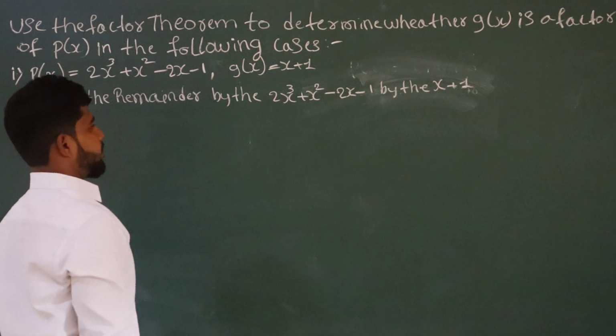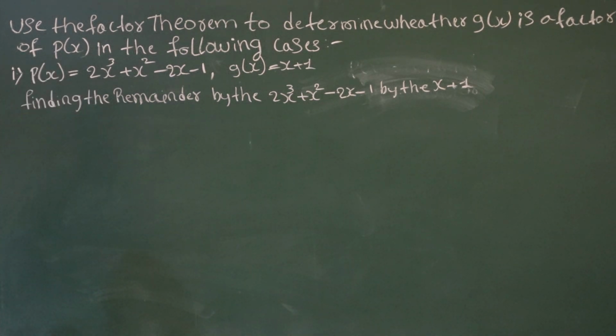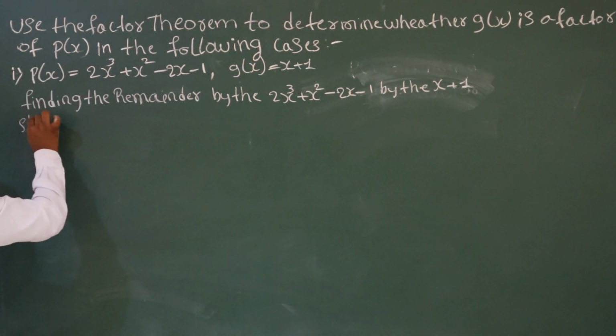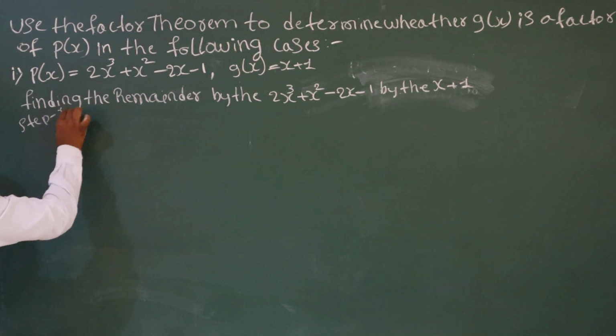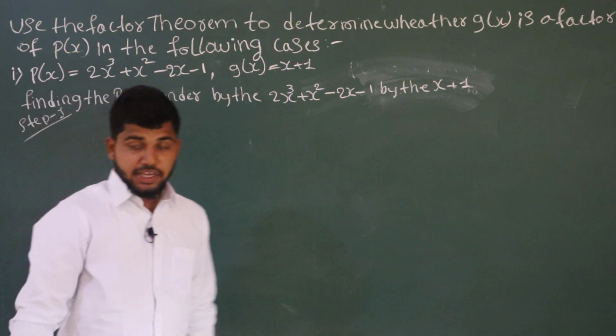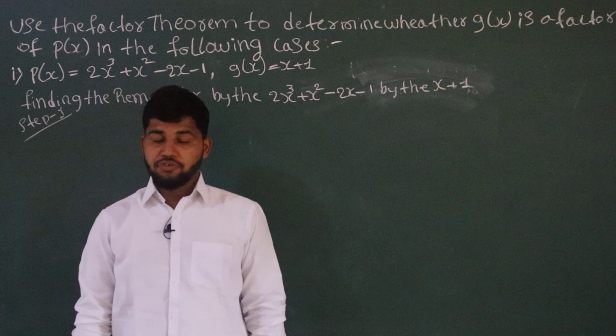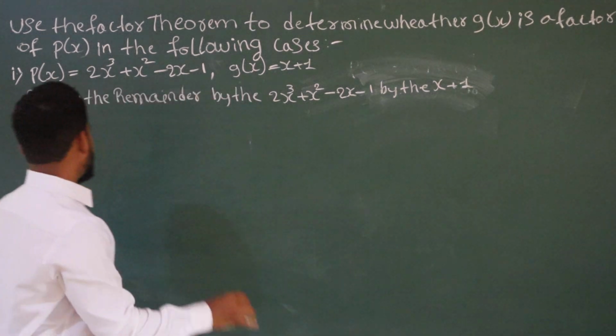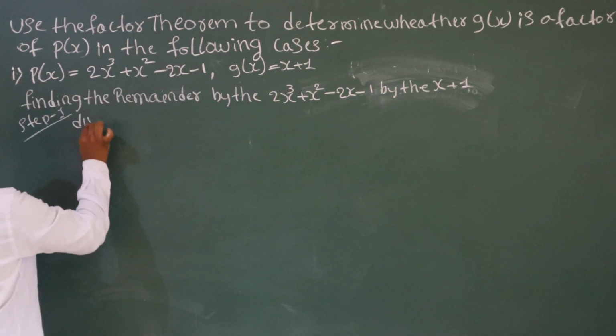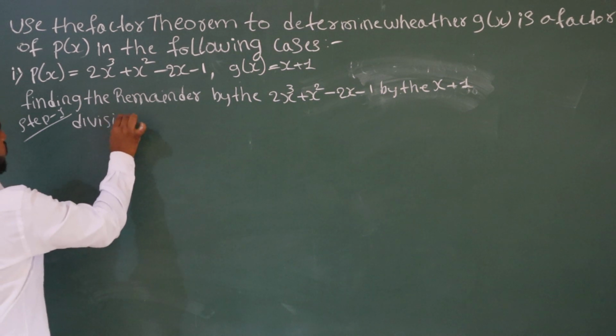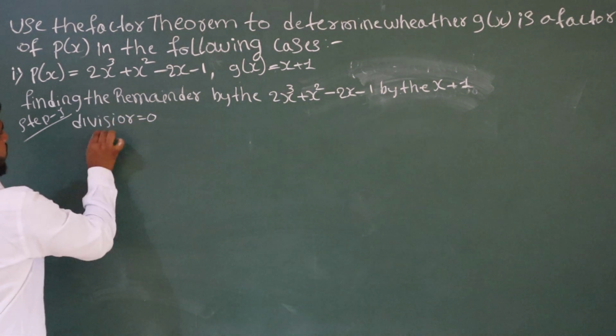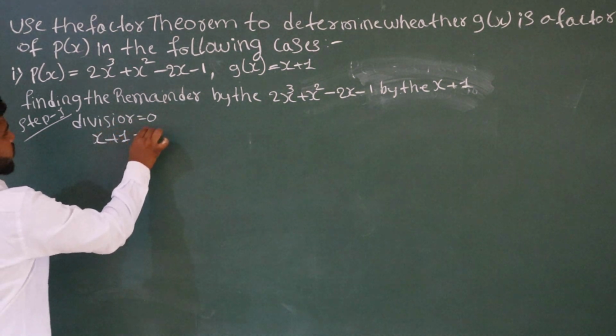Step 1: take the divisor equal to 0, x plus 1 is equal to 0.